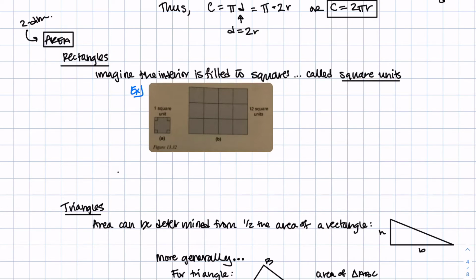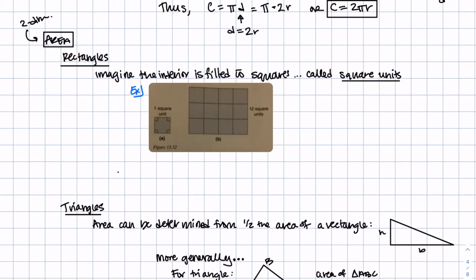So for example, if I take a 1 unit by 1 unit square, which is like my little grid here, and I want to fill in this rectangle with 1 unit by 1 unit squares, I would see that it would take 12 different squares to do so. And so this rectangle is 12 square units.